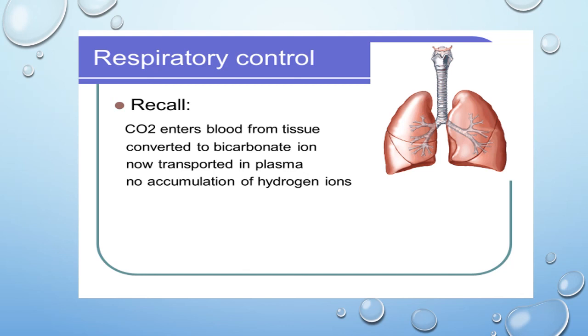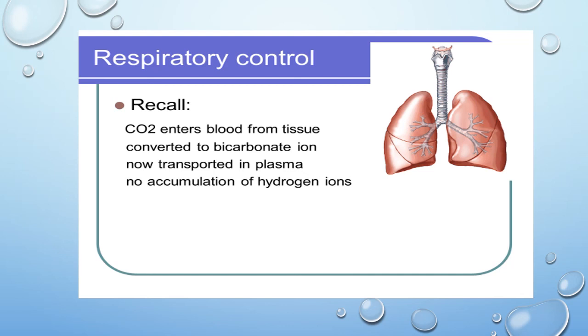Acidosis, remember, that's where the pH of blood goes below 7.35. Acidosis activates the respiratory center to increase respiratory rate, which eliminates more carbon dioxide and causes blood pH to rise.